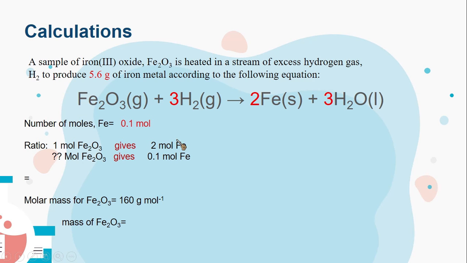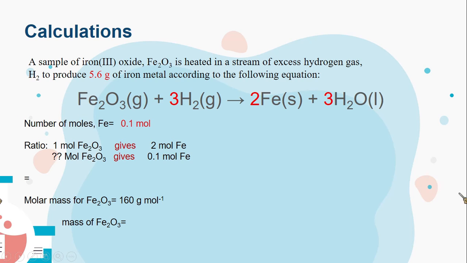Now we do the ratio. In the equation, 1 mole of iron 3 oxide, which is Fe2O3, gives 2 mole of Fe. Correct? Oh, teacher already balanced the equation. Sorry.